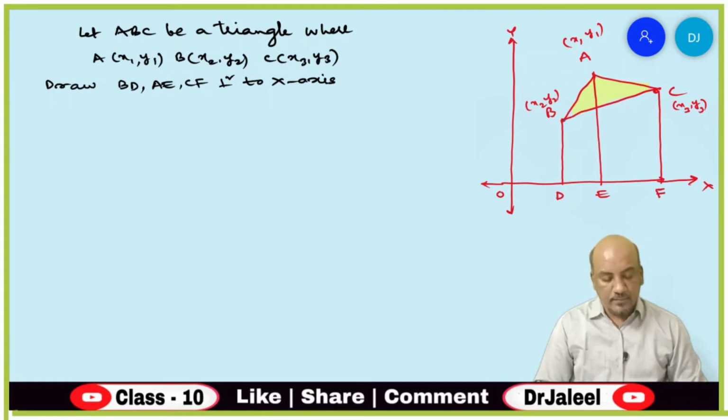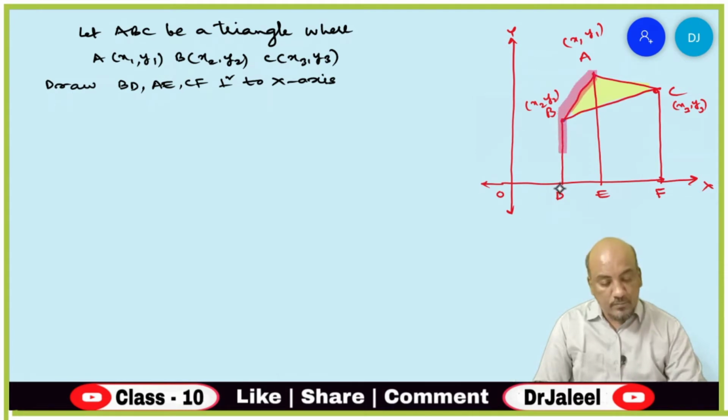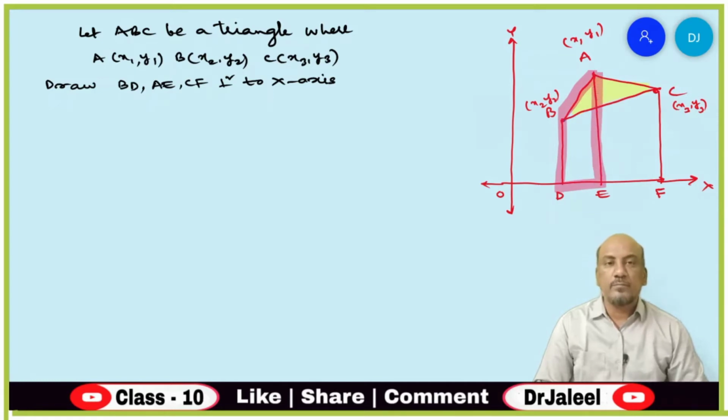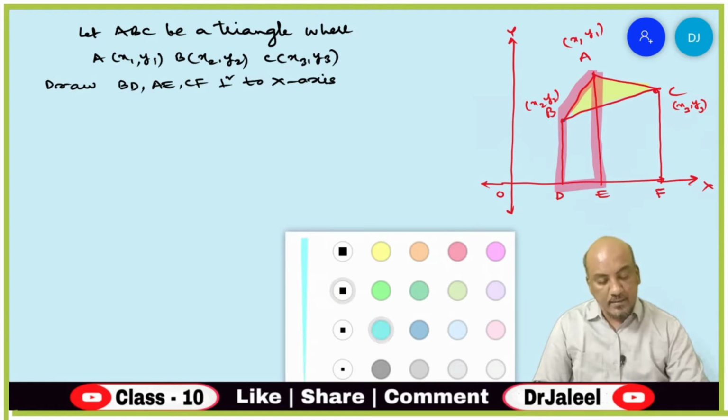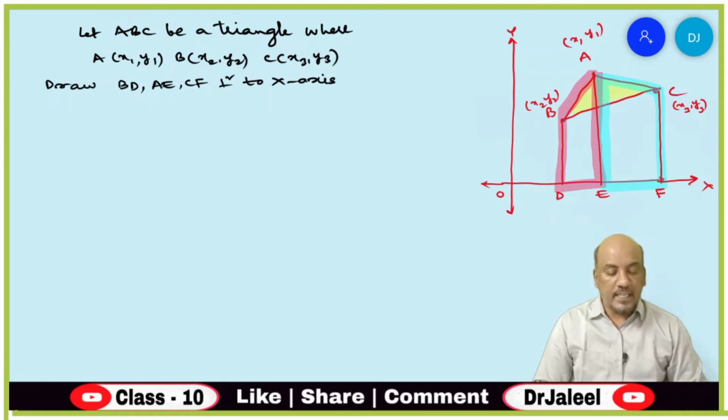So children, please concentrate here. Suppose I take this figure. What is this figure? This is a trapezium ABDE. And what is this, children? This is another trapezium, AEFC. There are two trapeziums.